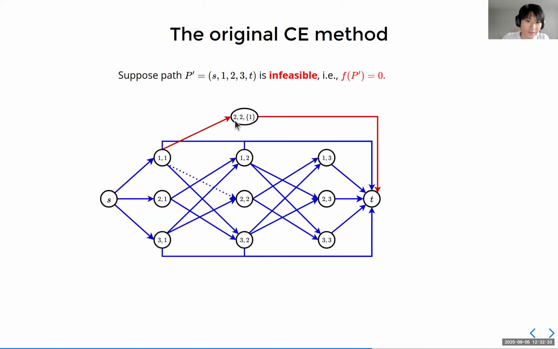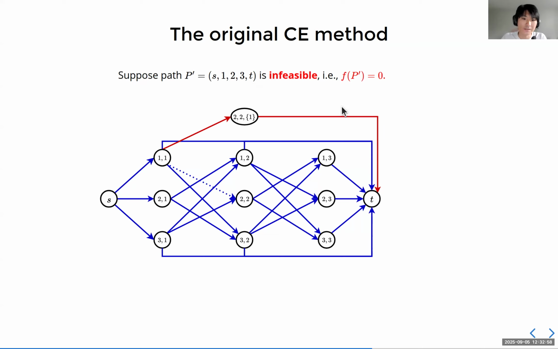So here I'm creating this node where I'm now at customer 2 with resource consumption 2. And I remember visiting 1 before. I delete this arc and I redirect it to here. Now from here, I cannot go to 1 because I already visited 1 before. I cannot go to 2 because I'm currently at customer 2. Also, I cannot go to 3 because this was assumed to be infeasible.